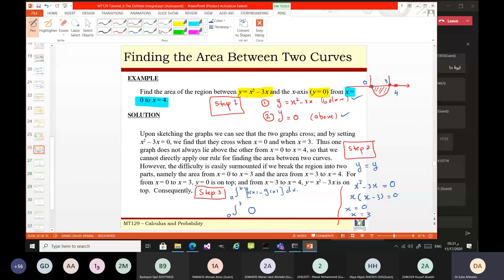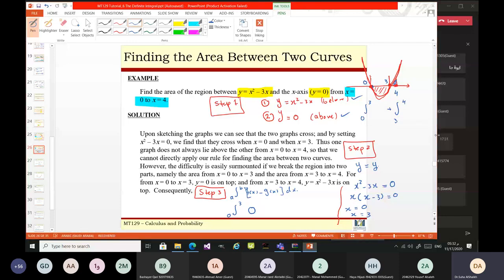This is because the function goes like this. This is my parabola. I'm talking about this area here. So actually the integration is the integration from 0 to 3 plus the integration from 3 to 4.